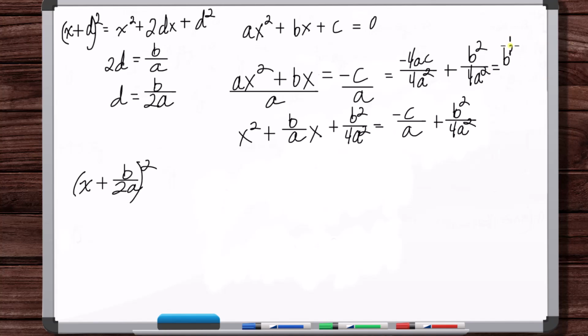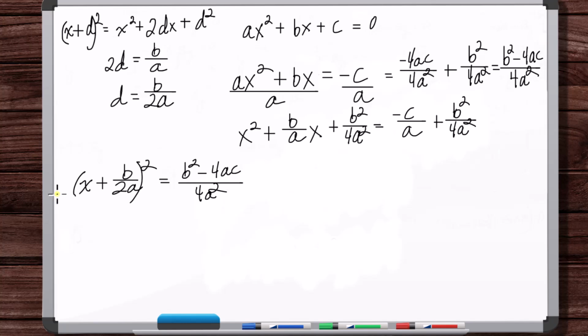Which is b squared minus 4ac over 4a squared. So let's write that here: b squared minus 4ac over 4a squared.